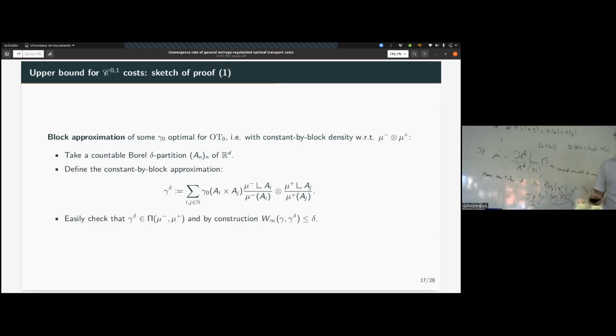You do this, and it still satisfies the constraints, and it's close to the original gamma 0 in some kind of infinity-type distance. Because to replace on the blocks, you just need to change the measure a little bit on blocks of size delta. So it's delta close to the original.